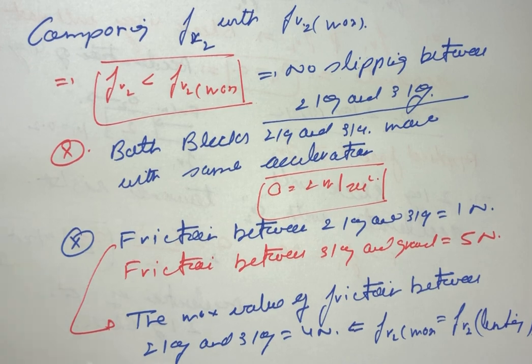Now this value of friction will be only possible when slipping is going to take place between 2 and 3 kg.